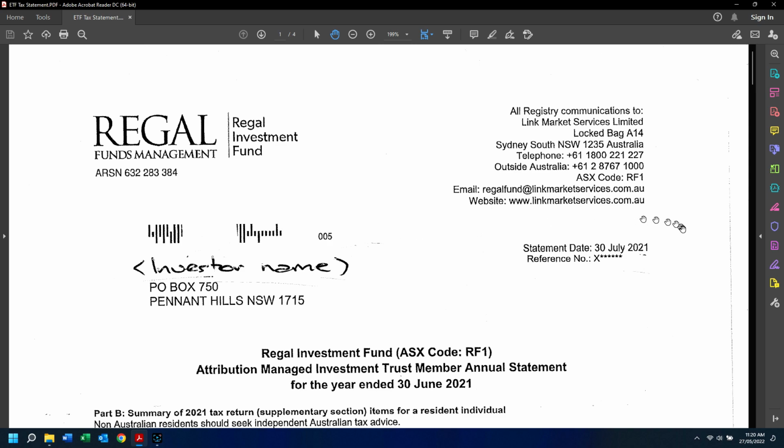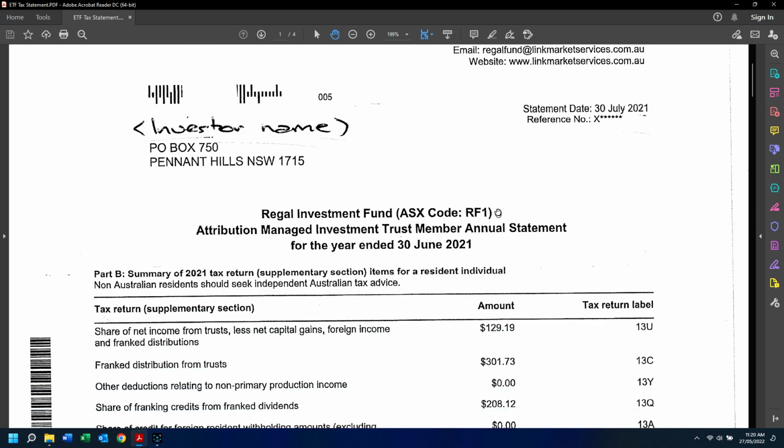Okay. So on page 1 is a breakdown of common tax return labels and amounts. Now, this is typical of a tax statement for an ETF or fund. They all vary, okay, but they're very common in their elements. They do contain some flaws, and we're going to walk you through that.